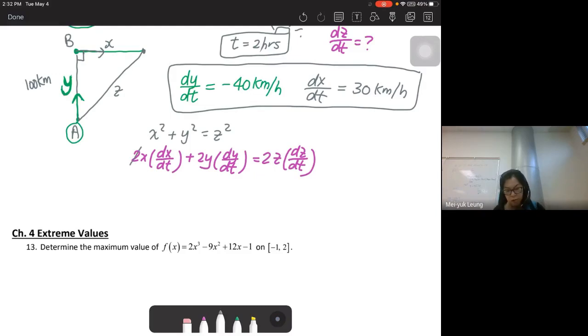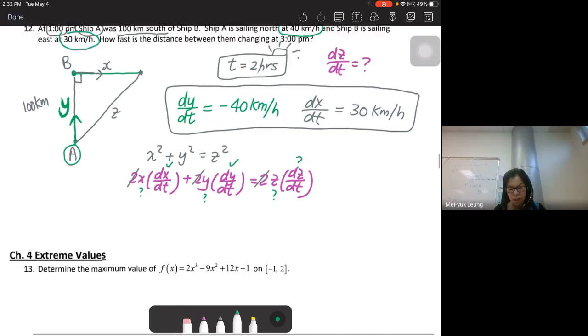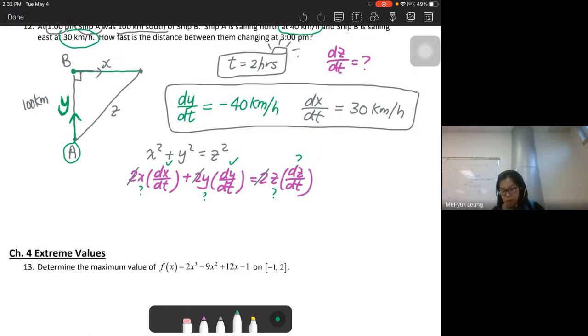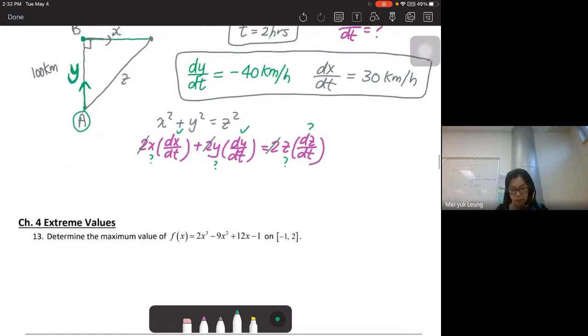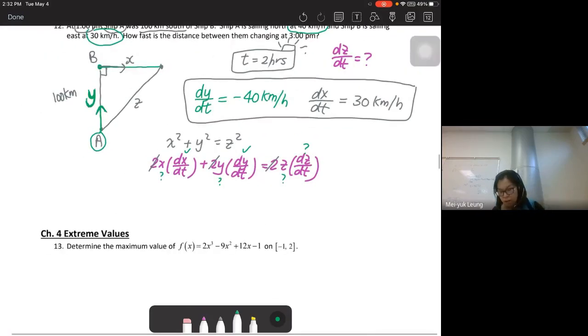We can cancel the 2, reducing the entire equation by 2. We have dx/dt, we have dy/dt, and we're trying to find dz/dt, but we still don't know what x, y and z are at that moment, at time equals 2 hours. So we need to calculate this information on the side.